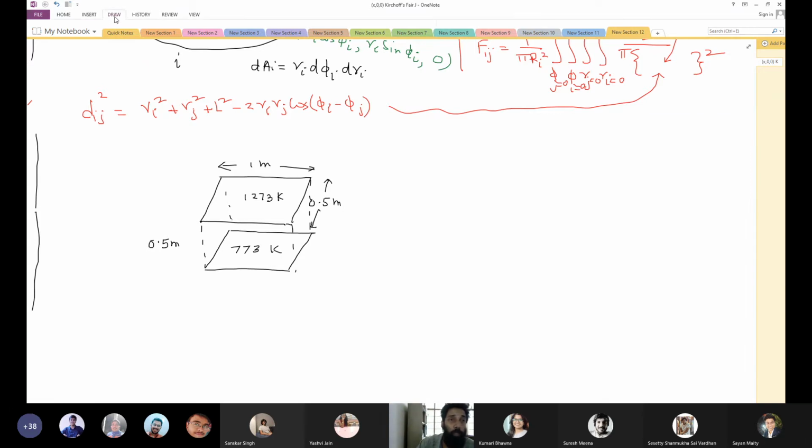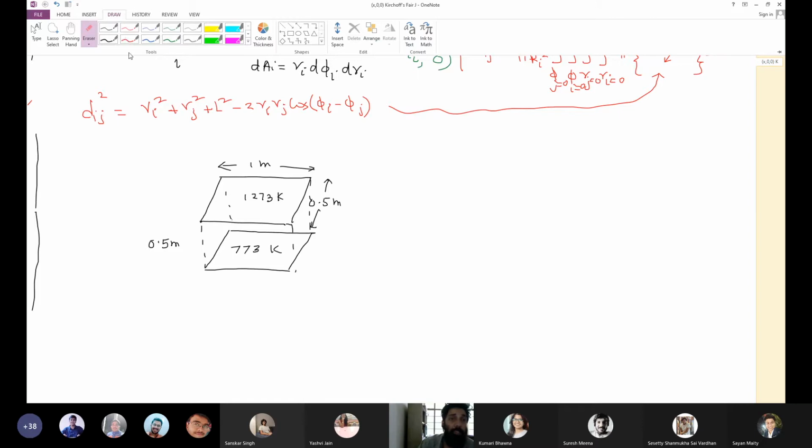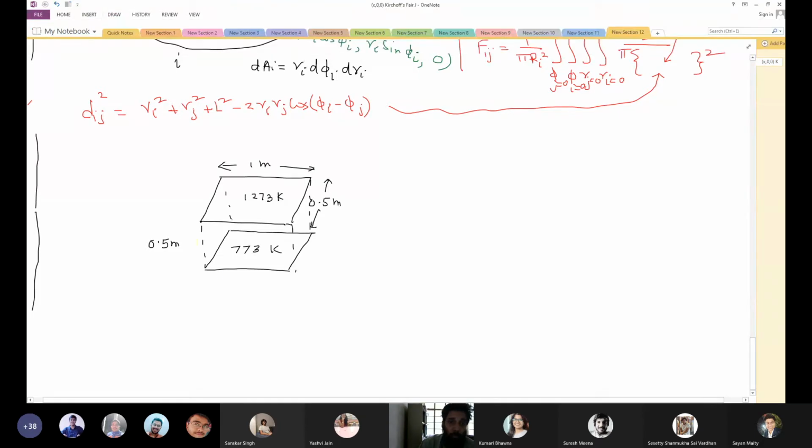Now, see previous problem, what we said was how much radiation a surface releases. So here we are saying what is the net exchange. So that means that this surface is releasing radiation. Some radiation is going this direction, some radiation is going this direction, some radiation is going this direction. So we need to know how much of this radiation released by this surface is received by this, and how much of this radiation released by this is going to this.